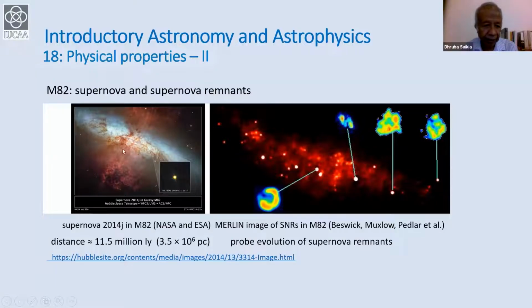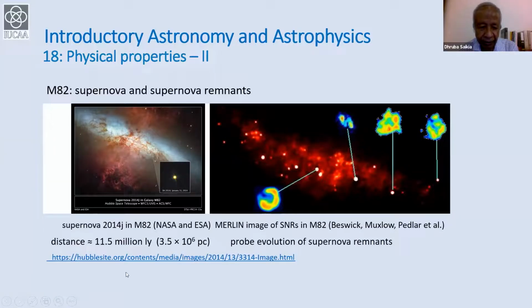On the left is an HST image of it, showing a supernova which had gone off in January 2014. And on the right is a radio image of just the central region. A lot of the compact components which you see are supernova remnants, which are remnants of massive stars which have exploded. Some of them are also compact H II regions.